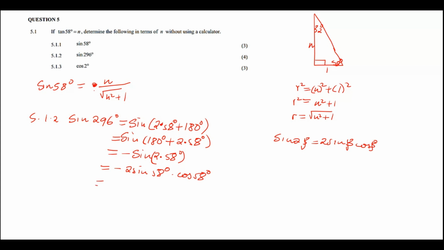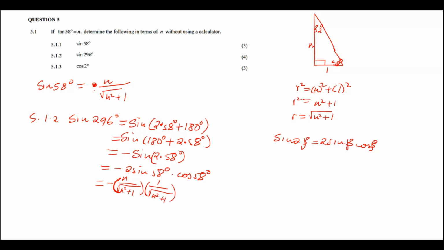So now we substitute, this is negative sine 58 according to what we've done up there, just n divided by the square root of n squared plus 1 multiplied by, sorry, I've left that 2, I will get to it. Cos 58 degrees, it's adjacent divided by the hypotenuse, which is just 1 divided by root of n squared plus 1.